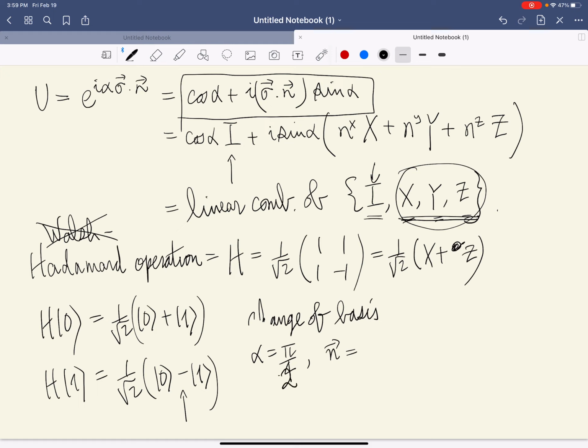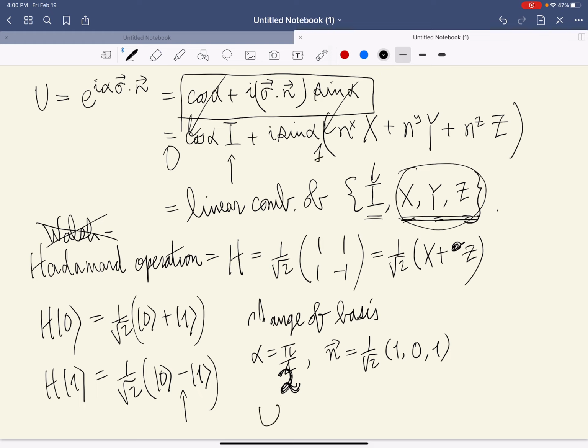This is pi over 2, not quarter pi, but half pi. And then n would be square root, like that. In that case, this cosine alpha becomes 0, sine alpha becomes 1.